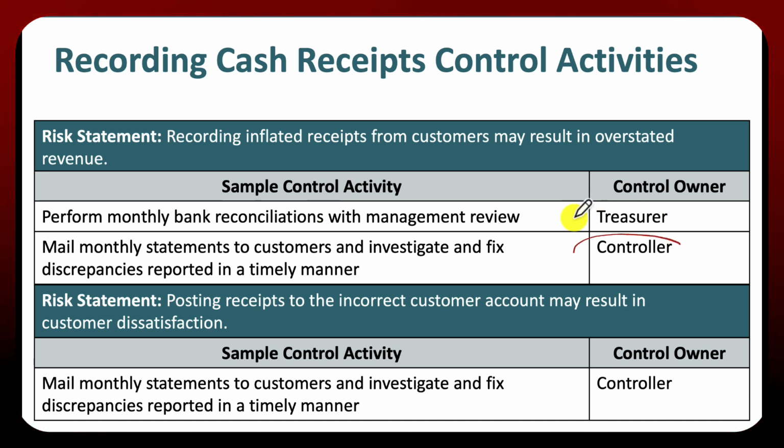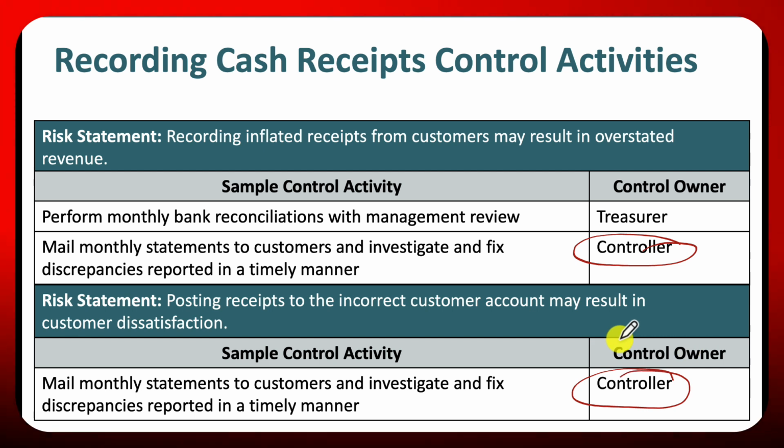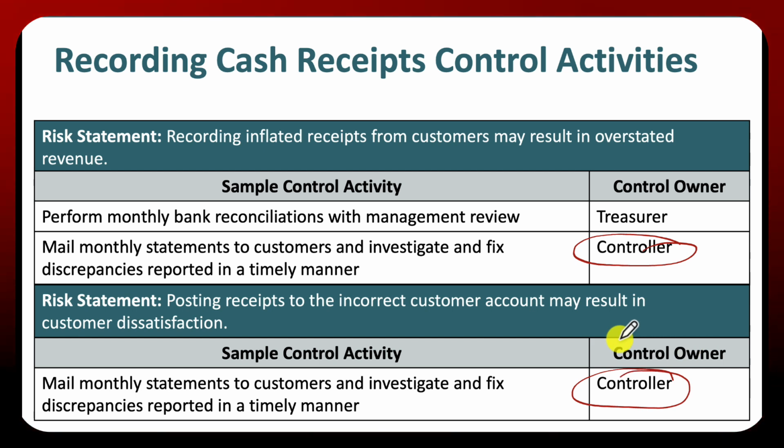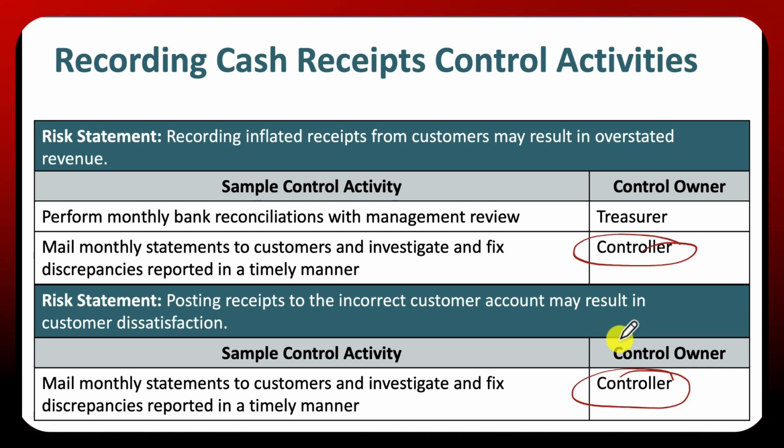Let's focus on the controller as the control owner. The controller will mail monthly statements to customers and investigate and fix any discrepancies that are reported. They might also mail these monthly statements as a control activity against the risk of recording cash receipts to an incorrect customer account.